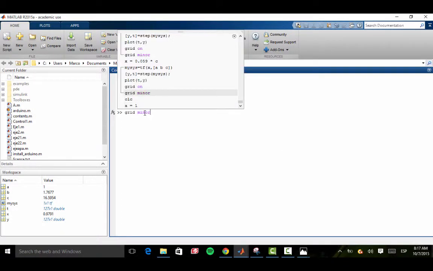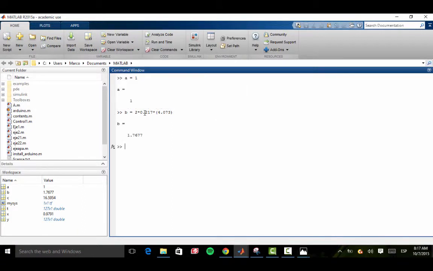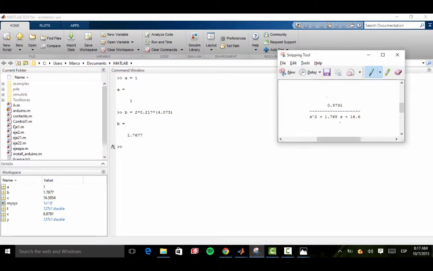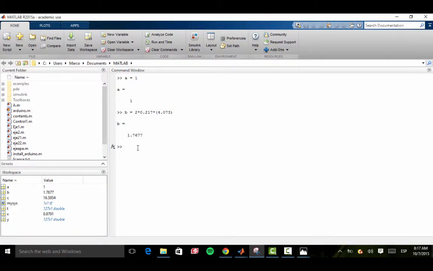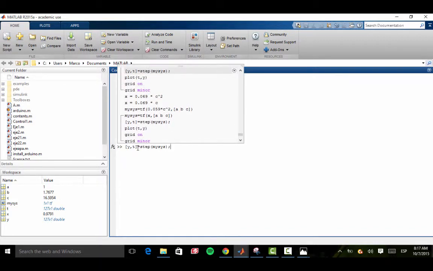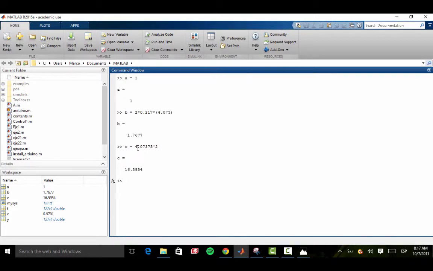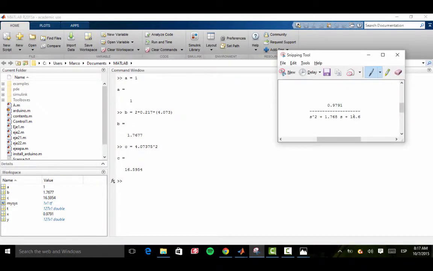We declare b as the coefficient of the s, and we declare c as the last coefficient of the transfer function.